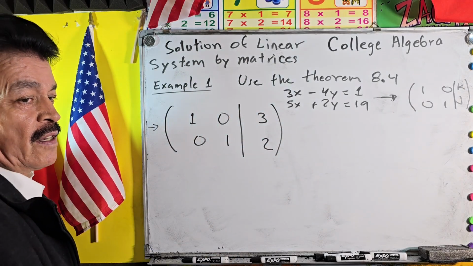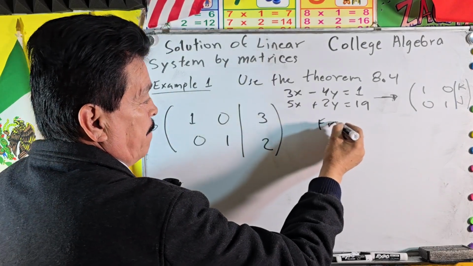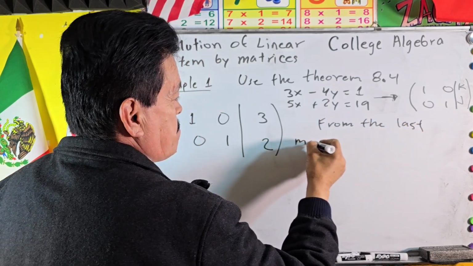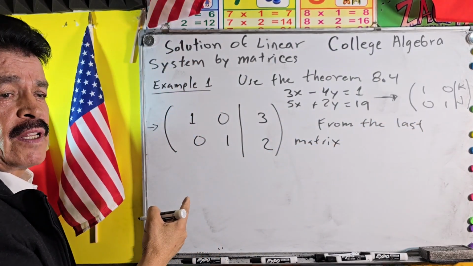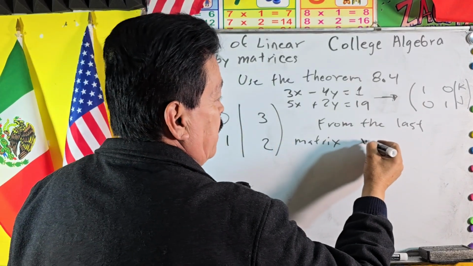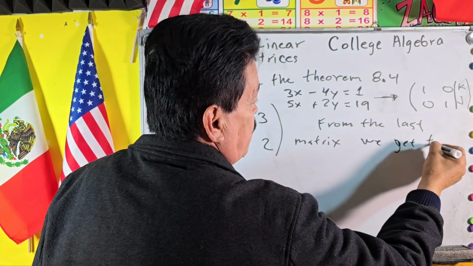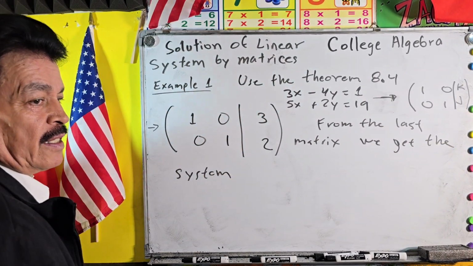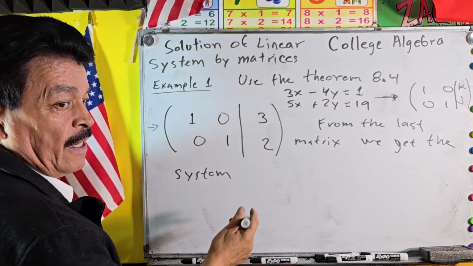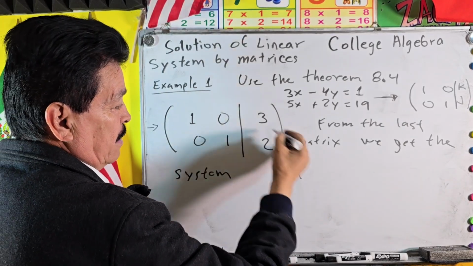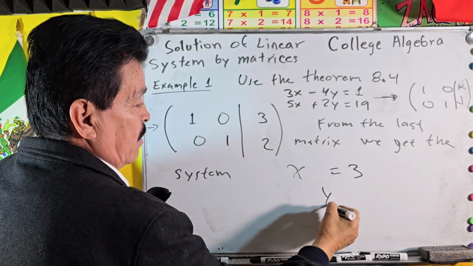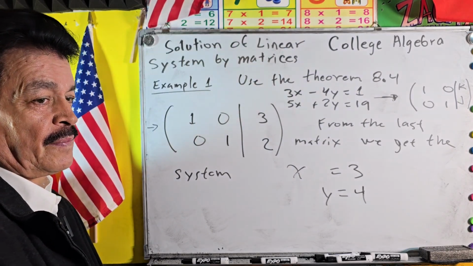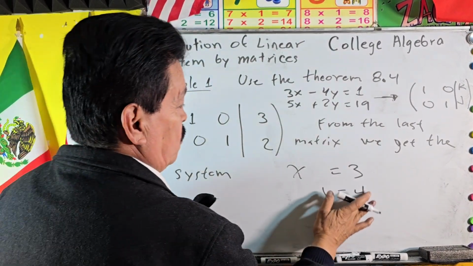Okay, so this is from the last matrix. From the last matrix we get the system: x equals 3, then y equals 2, right?